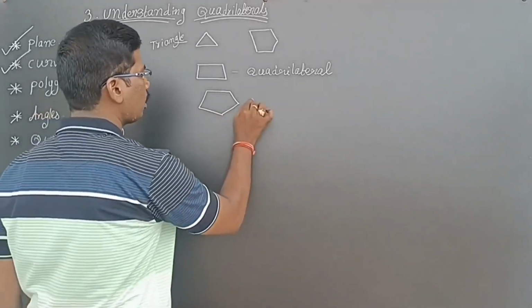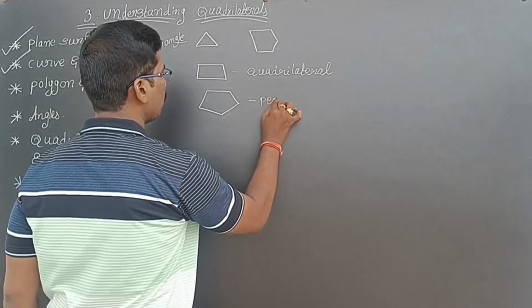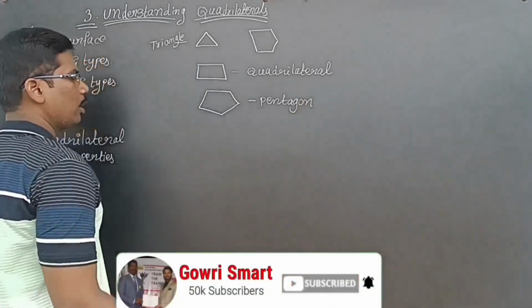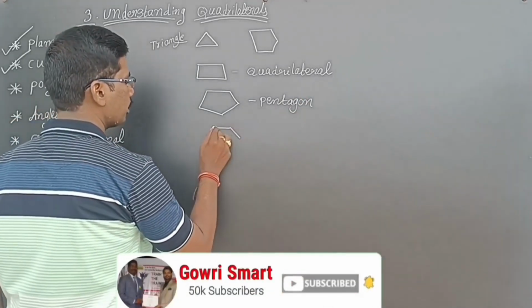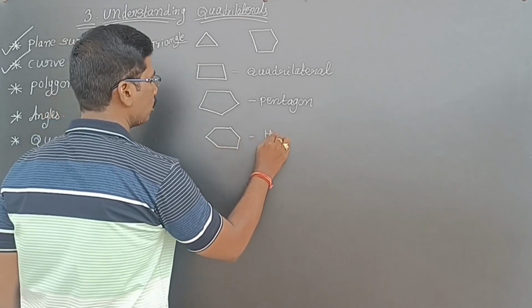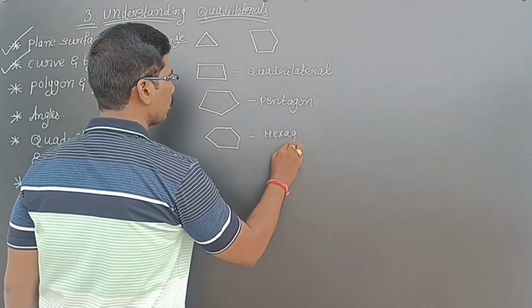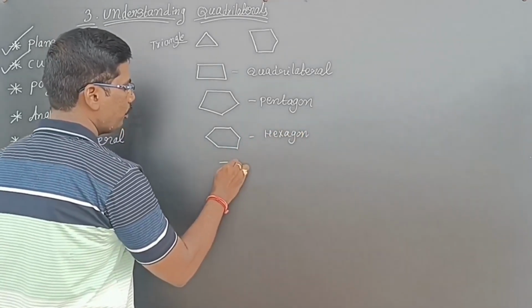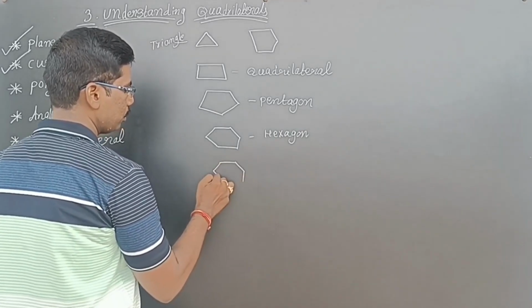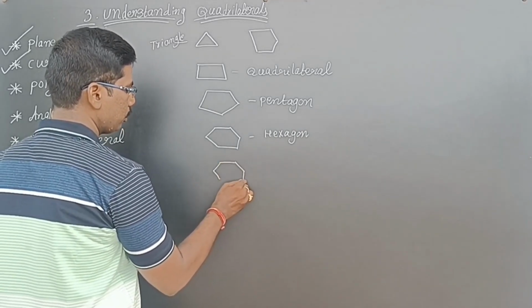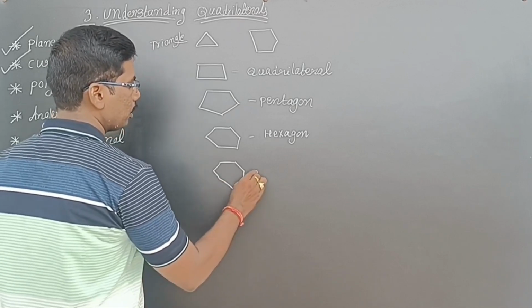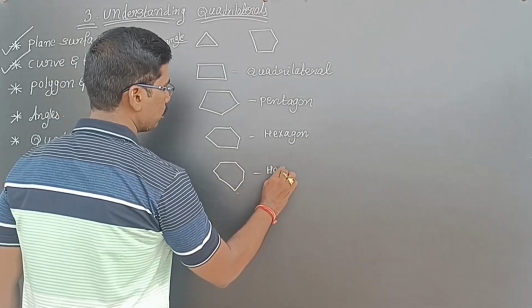A polygon with five sides is called a pentagon, a polygon with six sides is a hexagon, a polygon with seven sides, 1 2 3 4 5 6 7, is a heptagon.